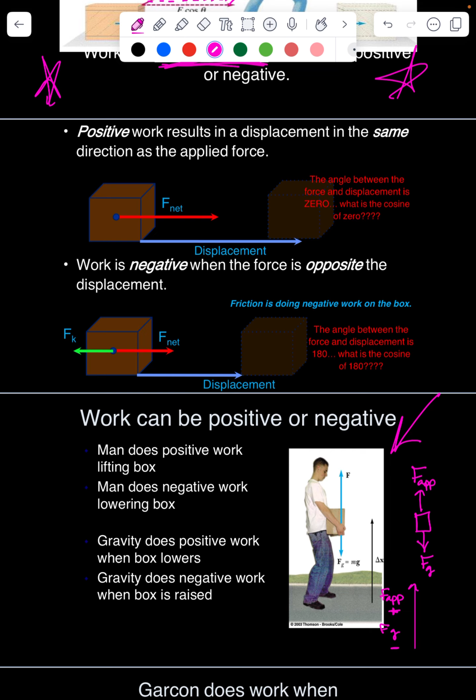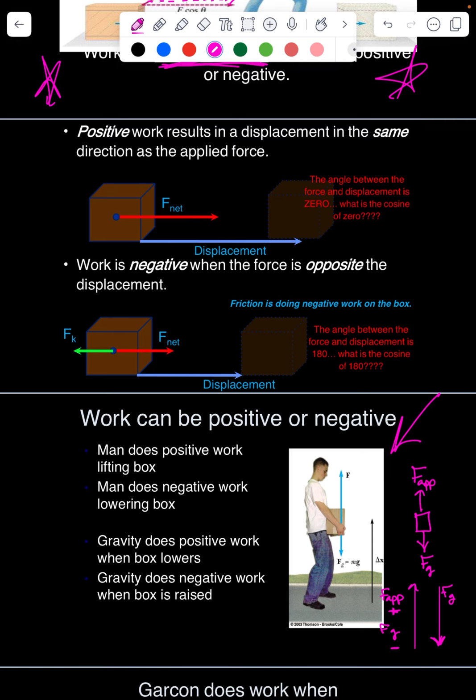All right, well, let's say you place that box down. Whenever you place that box down, you still have those same exact forces that are at work. But instead of gravity being the opposite direction, gravity is now the same direction as the motion.